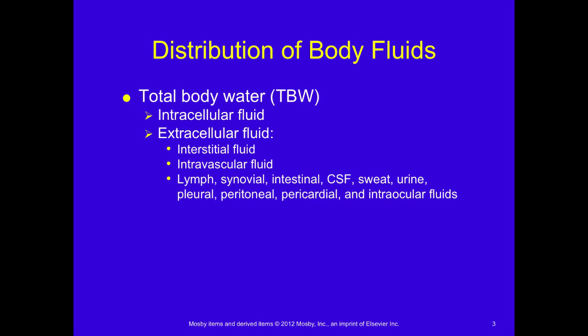Sweat, urine, all the extra spaces, your lymph fluid, synovial fluid, okay? Pleural fluid, which you know resides in the respiratory tract as well. Okay, so make sure that you understand all these sources, that you know where fluid is important. So if there's a shift away from extracellular fluid, all of these components are going to be affected negatively.